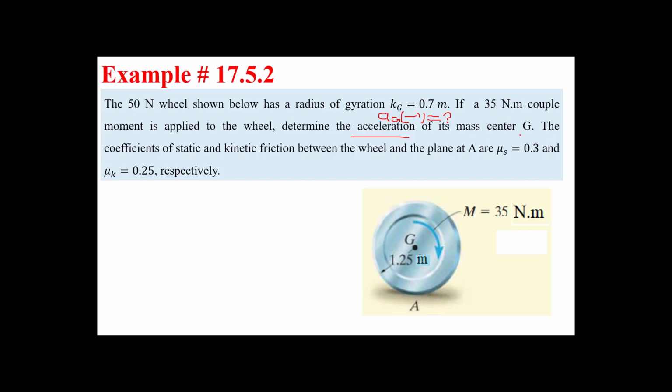He gave us the static and kinetic friction coefficients between the wheel and the plane at point A: mu_s 0.3 and mu_k 0.25.